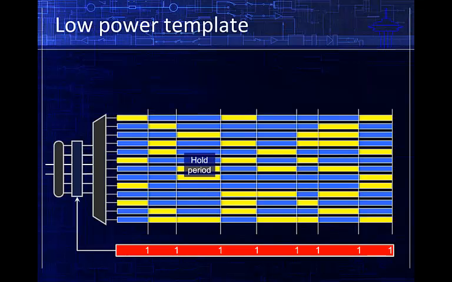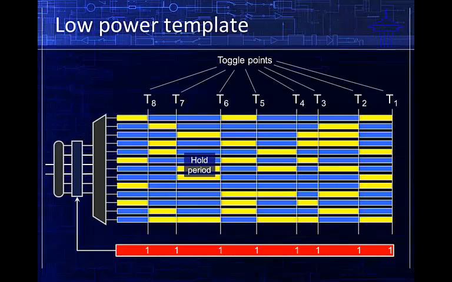This diagram shows scan chains filled in a manner consistent with the content of the template register. The positions of the register filled with 1s indicate the cycles for which the hold register is updated, T1, T2, T3, etc. Notice that between the successive toggle points, the scan cells in one scan chain have constant value, either blue or yellow.